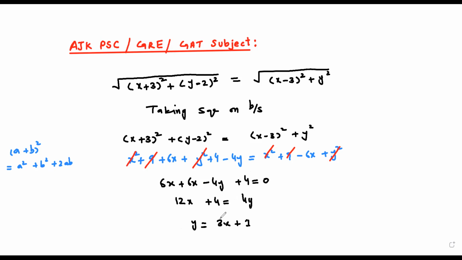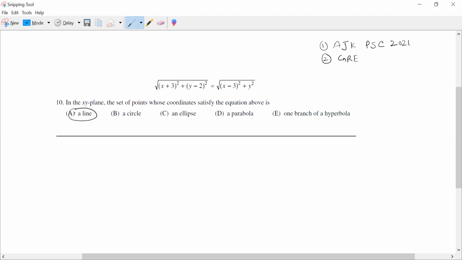So you can see that this is the equation of a line, because it is of the form y is equal to mx plus c. So the correct option here is a line.